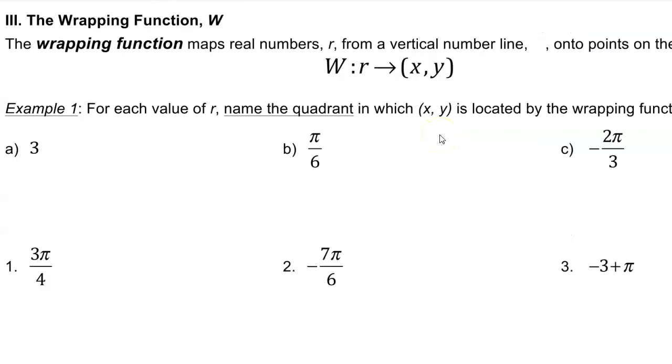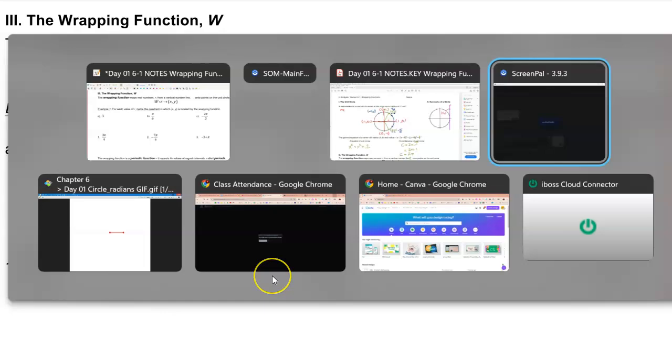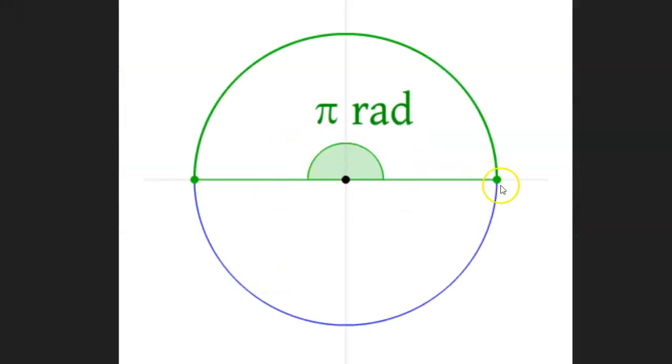Next, let's get into this part, what's called the wrapping function. Okay, so the wrapping function, I want you to think of the GIF I was showing you earlier. Right, the fact that it starts with a straight line of a radius, and then wait for it. There it goes.